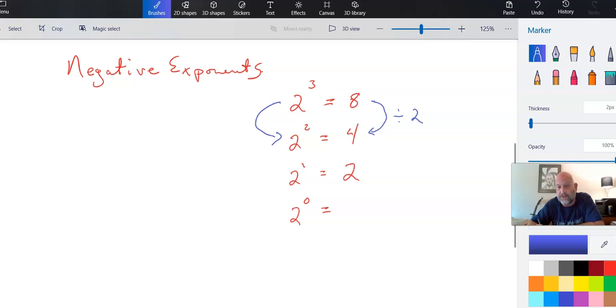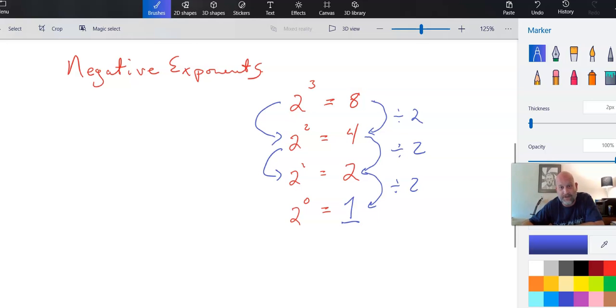I'm dividing by 2. And when I reduce the exponent to go here, I'm dividing by 2 again. And so if I keep dividing by 2, we can see the pattern. If I divide this one by 2, I get a 1.